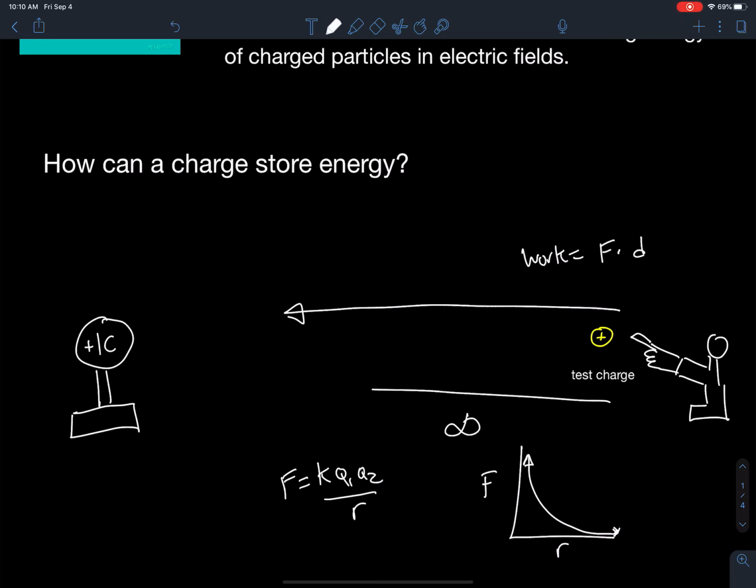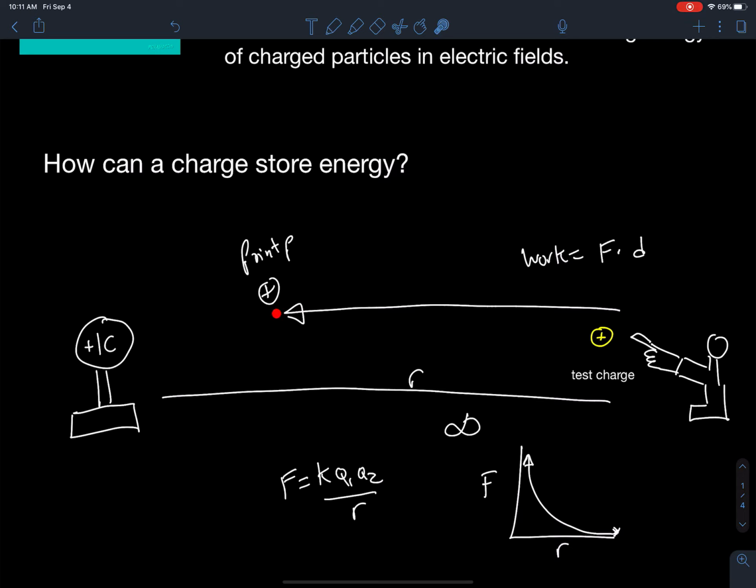So if I am walking it over a distance of r, and I'm able to map the force that is moving up, and I'm able to map the distance that I'm moving, if I multiply that force by the distance and get this area under the graph, that would tell me the total work that I put into moving that charge to, let's say, this point over here, point P. So if I'm able to calculate the work, where does that work go?